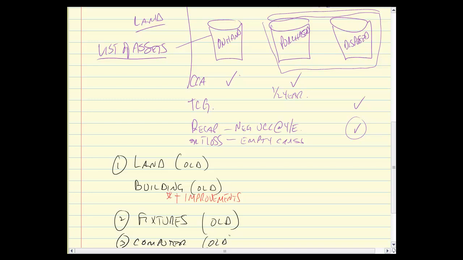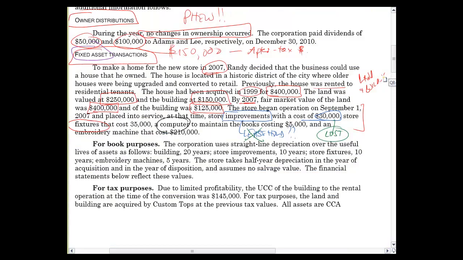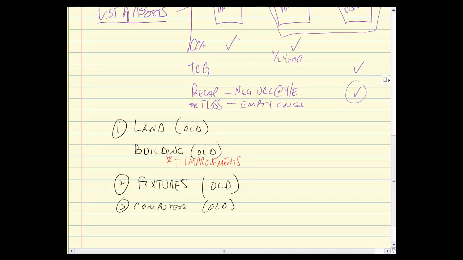Also old. And then I have an embroidery machine. Which also, so I mean, you could also put, instead of old, if you don't like the word old, just put 2007. This is when this thing came around. But basically what it tells me is it's there at the beginning of 2010.